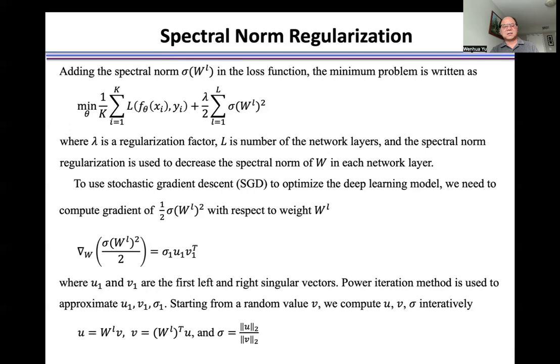The power iteration method is used to approximate U1, V1, and sigma 1. Starting from a random vector V, we compute U, V, sigma iteratively. From the initial V, we calculate U, and then from U we calculate V, and use U and V to calculate sigma.